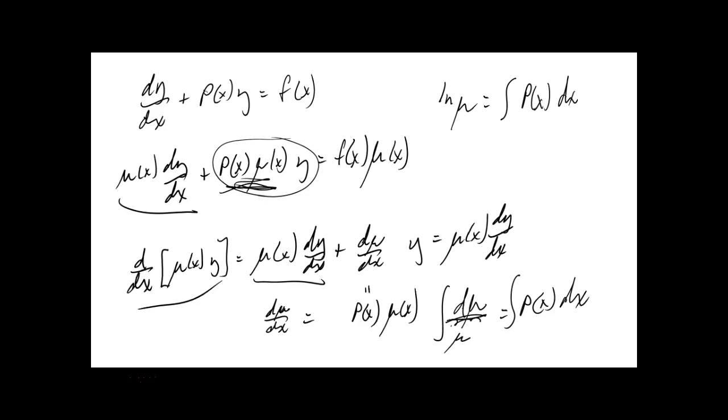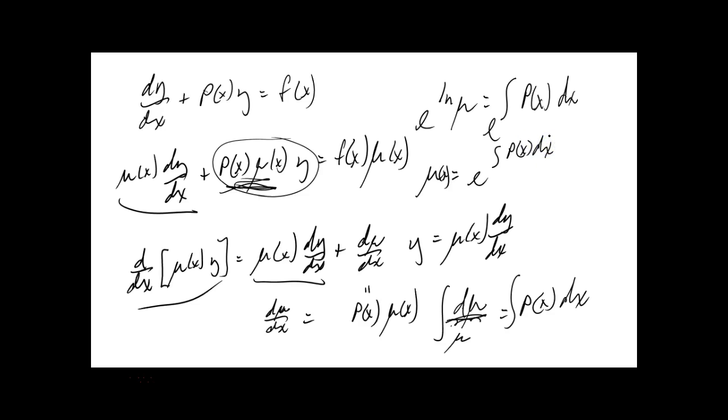What's the inverse function of it? E, exactly. If we did the e of this and the e of that, then this would give us mu, because e undoes log, log undoes e, right? There's our mu of x, is equal to e to the integral of p of x dx.